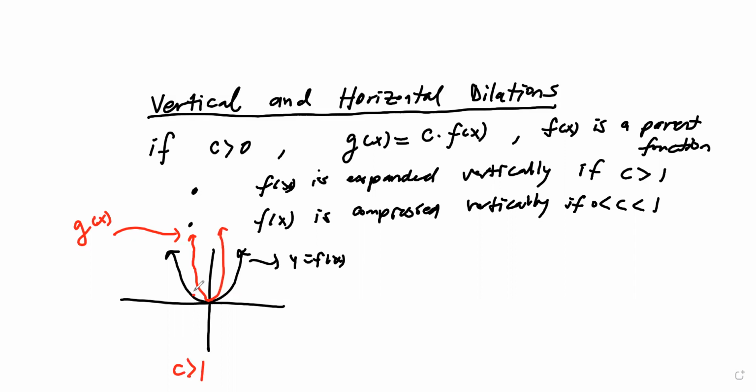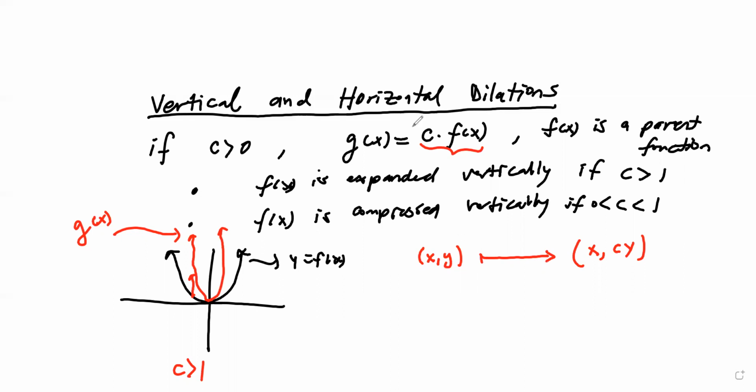Basically every point here is moved up. To write the formulation for this, the y values are multiplied by c. So any point (x, y) will be dilated, since I'm multiplying the y values by c. It will be (x, cy). That's why the graph moves up by a factor of c in the vertical direction. Okay, so that's case 1.